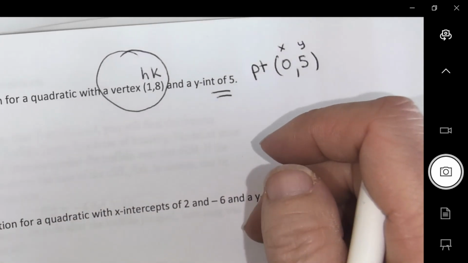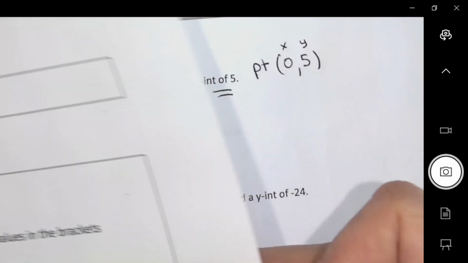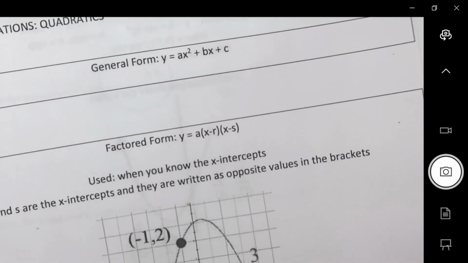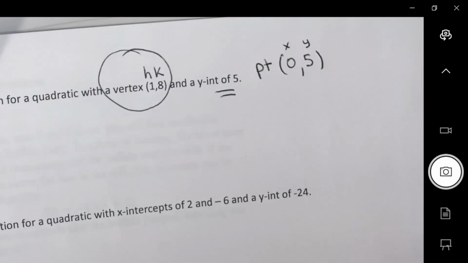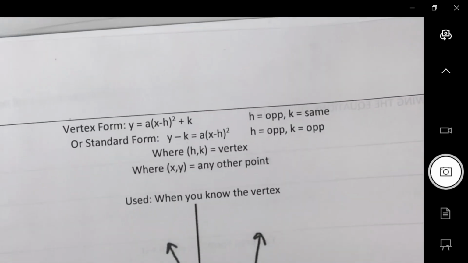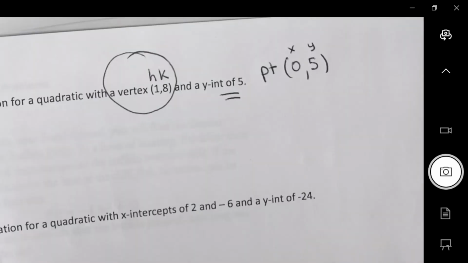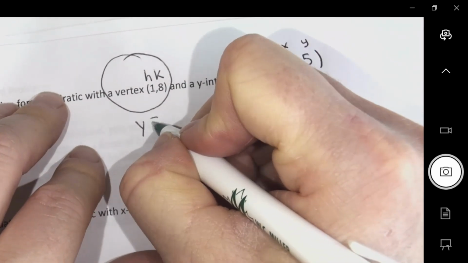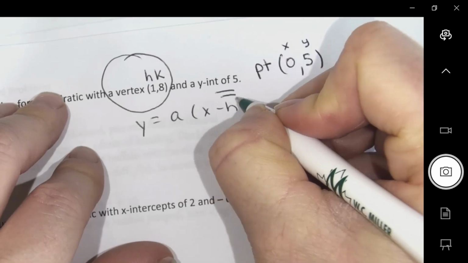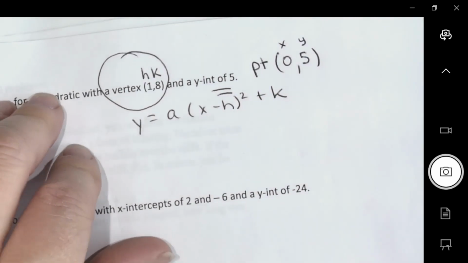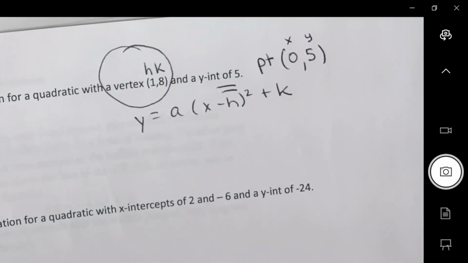Okay, again, out of the equations, I'm not picking factors. I'm again picking the vertex form. Okay, so I'm going to write it here. You don't need to if you're looking at your page. So vertex form.